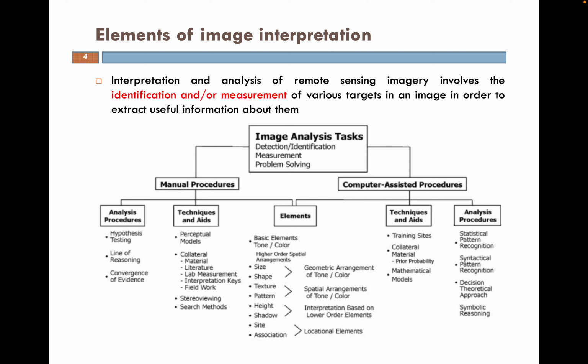All right, so the job with image analysis is using all these different tools for image interpretation. And so there's a mix of processes that are going to be computer assisted, where you can train the computer to pick up certain patterns. You can tell it to only look for certain patterns.